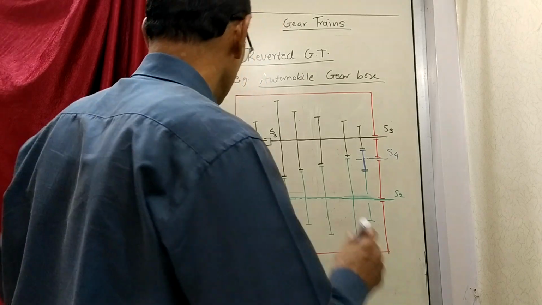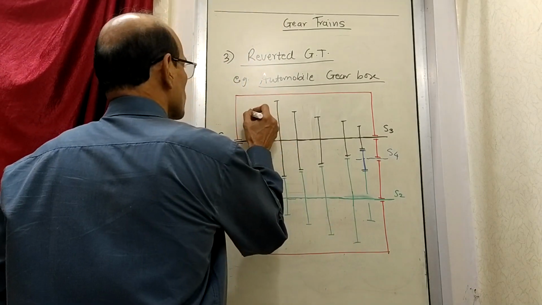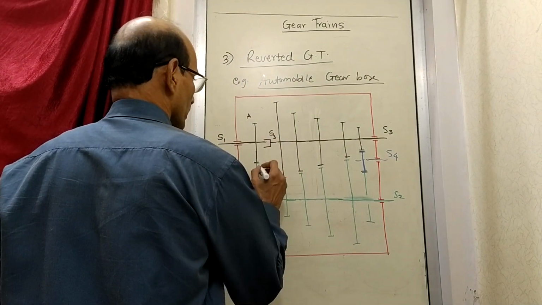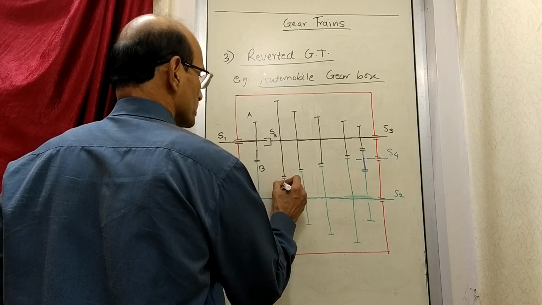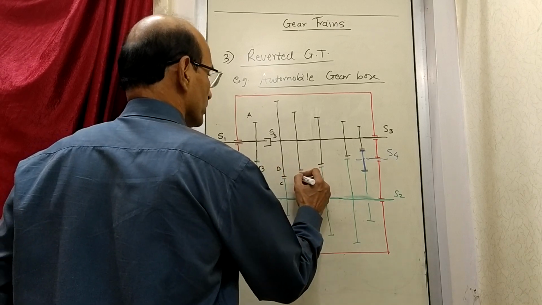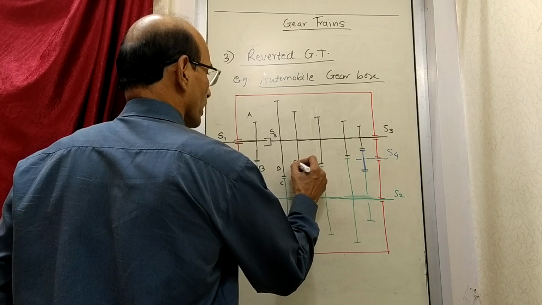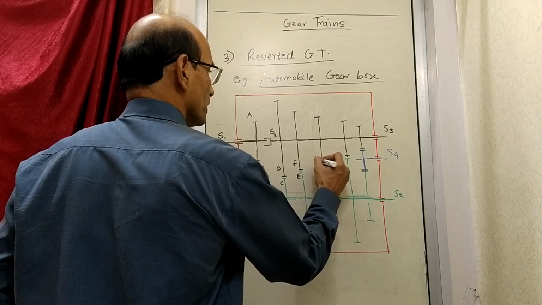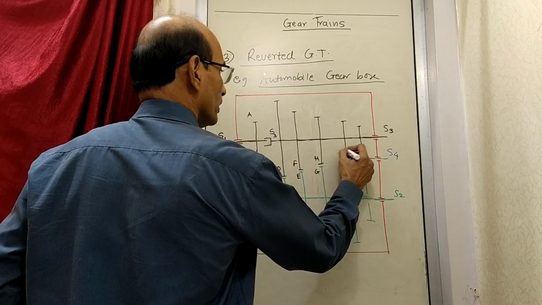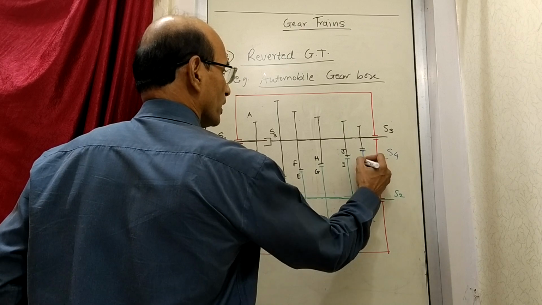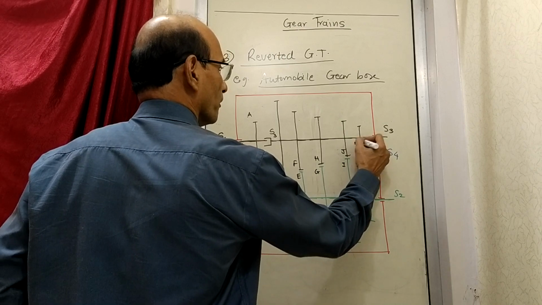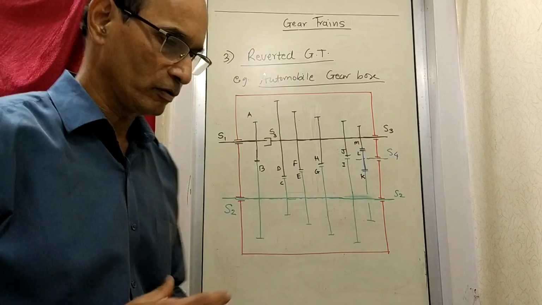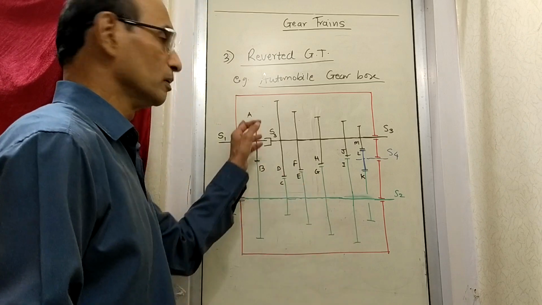I'll just number them, I can write some names. So it is A, B, C, D, E, F, G, H, I, J, K, L, M. I just go on writing different letters.